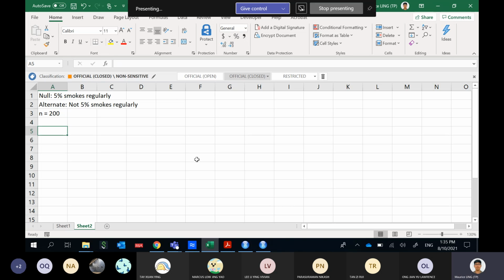So what are my categories now? I have my expected and my observed. Yeah, just smokers and non-smokers.